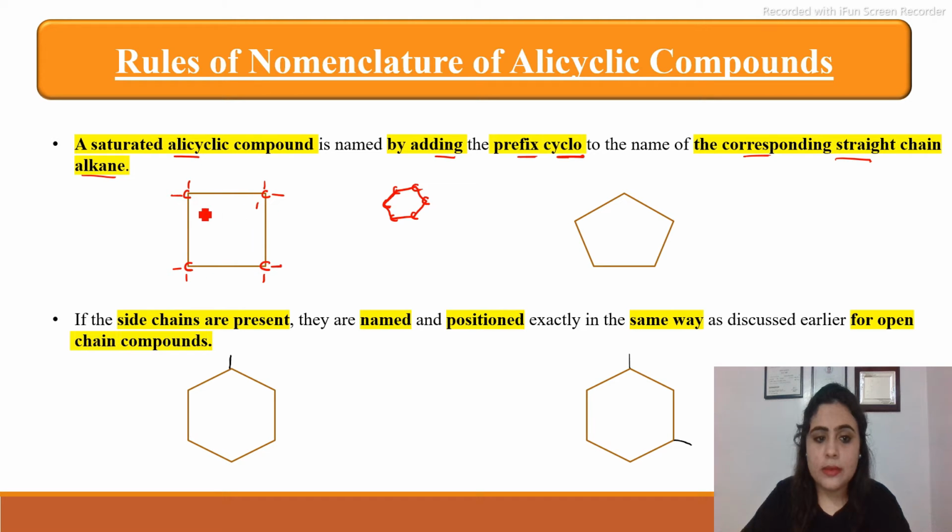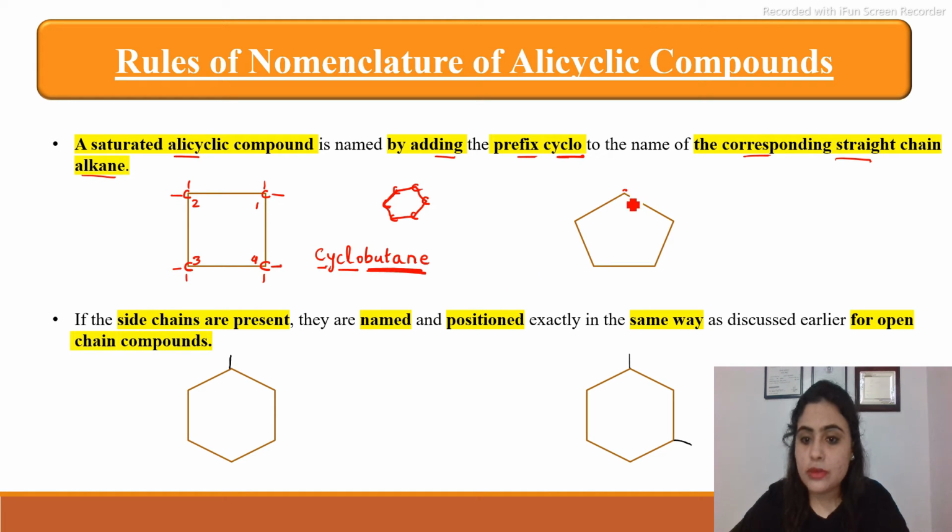One, two, three, four. So here we have cyclobutane, because butane is the straight chain hydrocarbon name, and we have just added a prefix cyclo to that name.